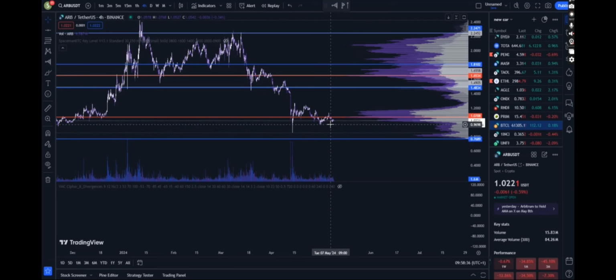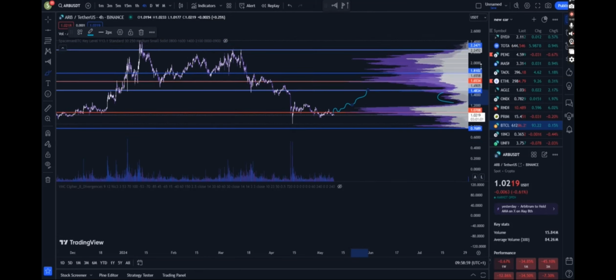So we want to see somewhat along these lines. And then because this area here, there isn't much volume in this area, if it does push past that, it will accelerate. And then it will come to this next value area here.